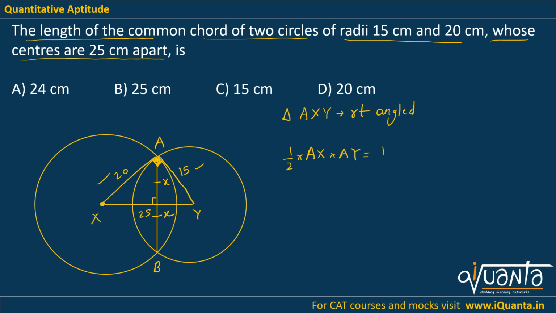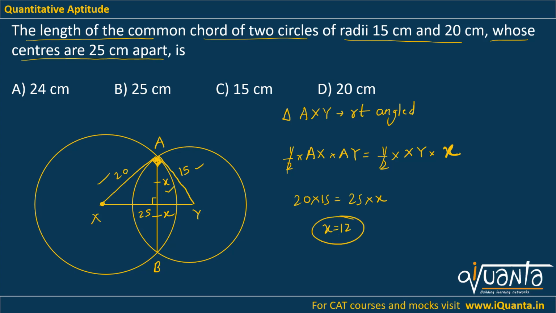It can also be written as half into XY as the base, into this height, small x. So the half is gone. AX is 20, AY is 15, and this will be equal to XY, that means 25 into x. So x comes out as 12.